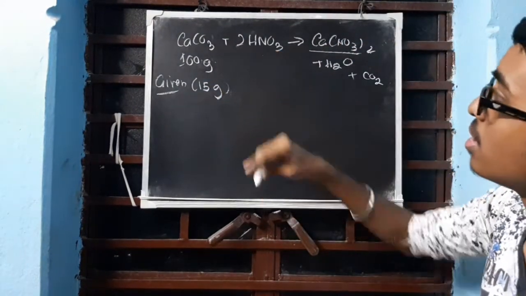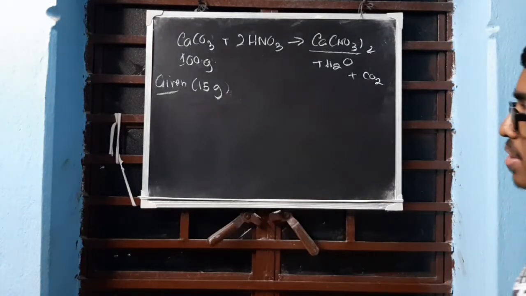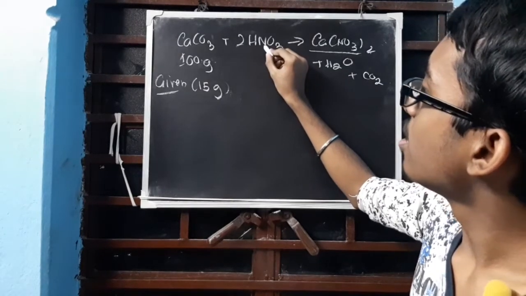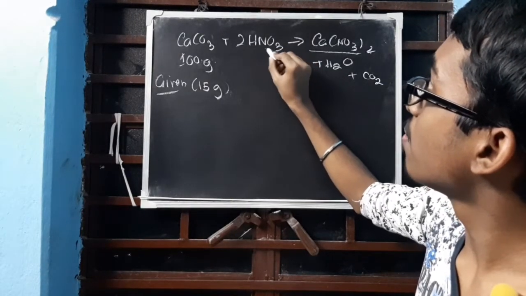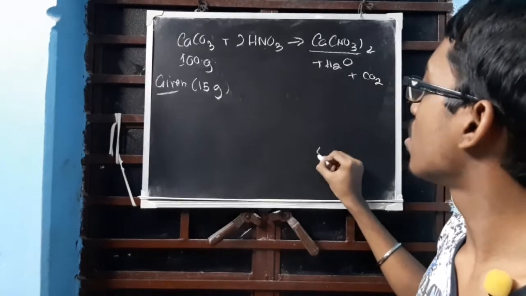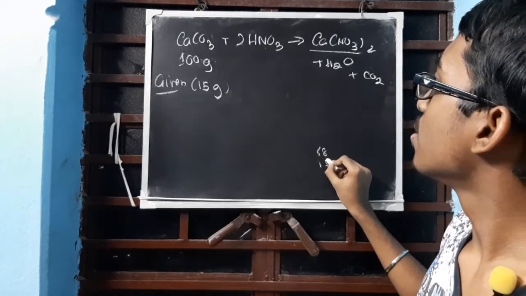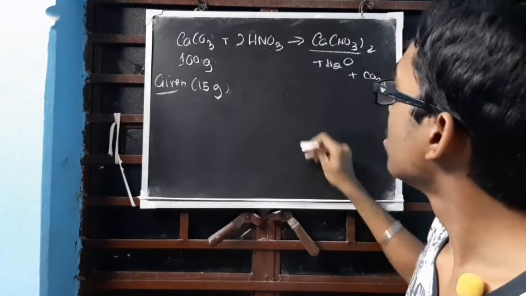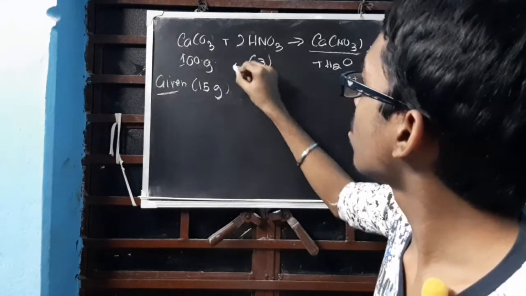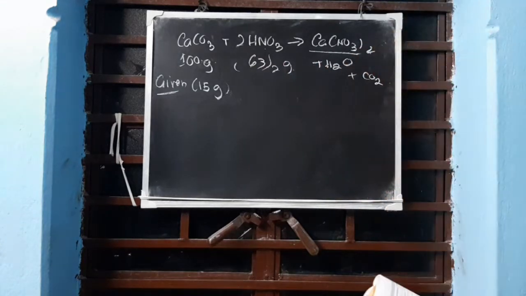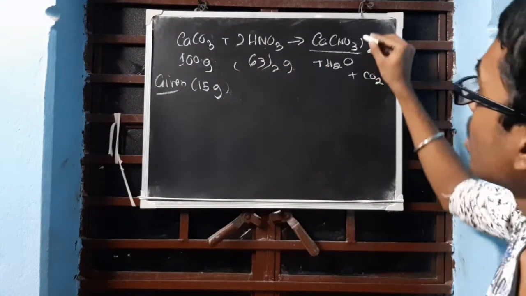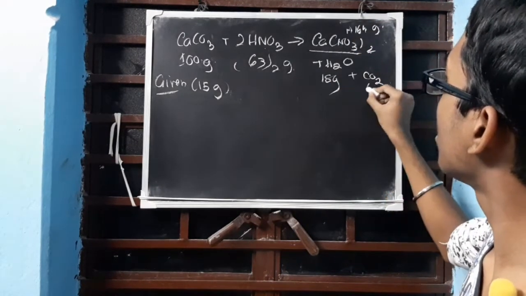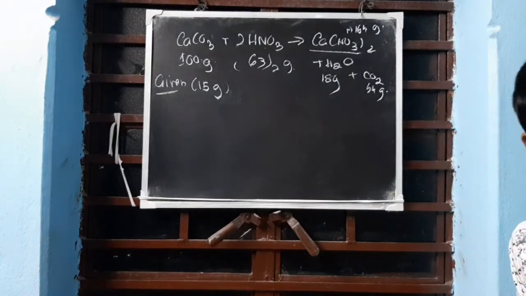HNO3 is 63, twice that is 126. Calcium nitrate is 164 gram. Water is 18 gram and carbon dioxide is 44 grams. Some I have memorized, some I have to calculate.